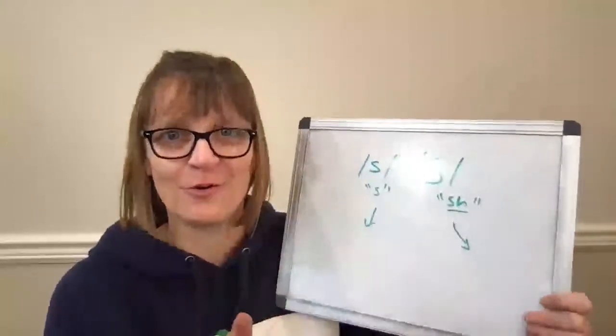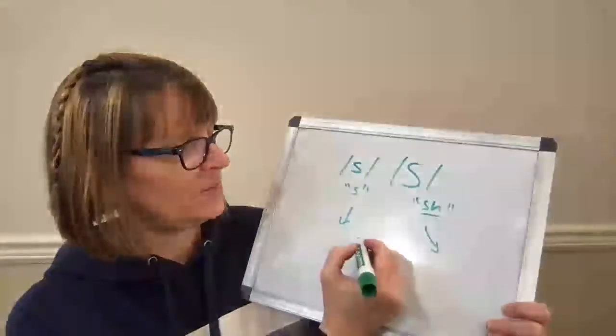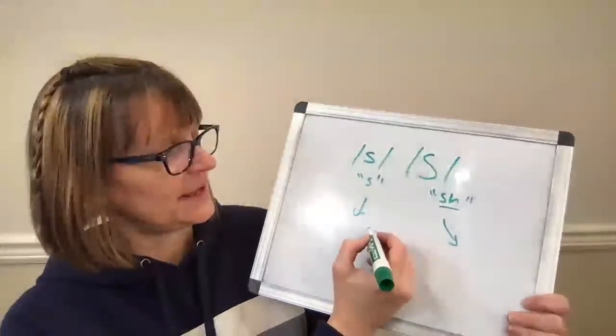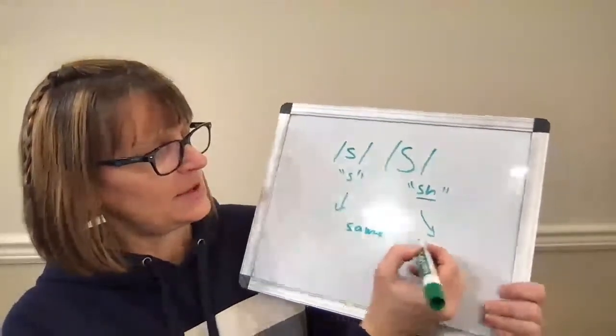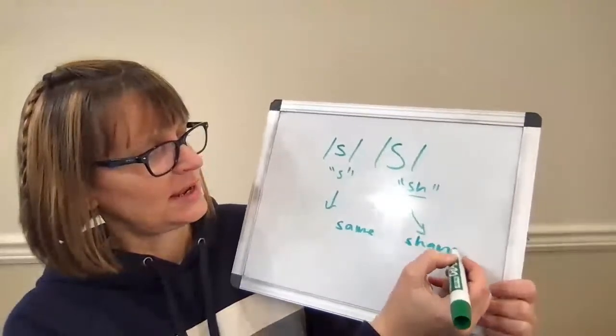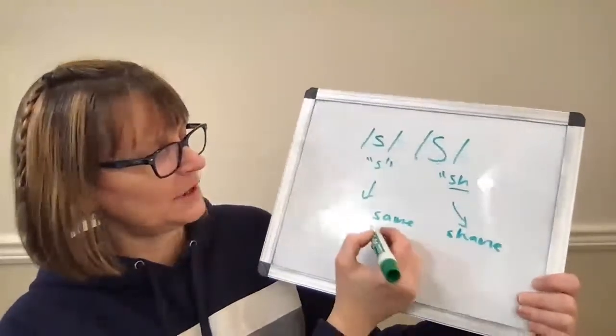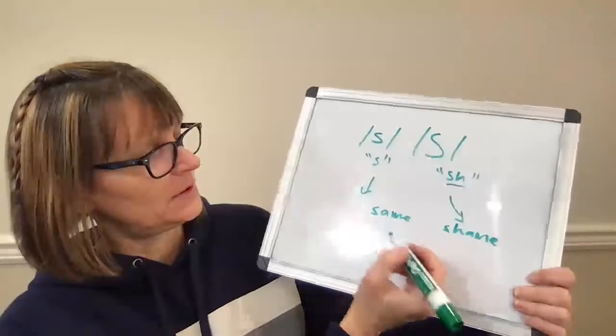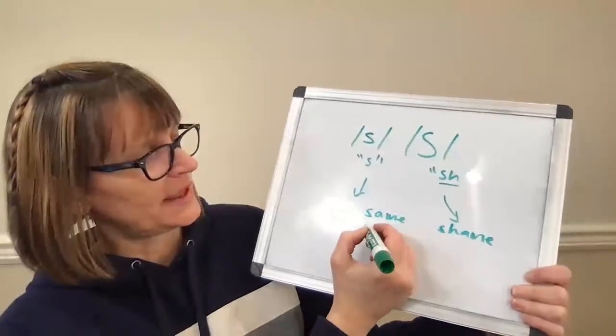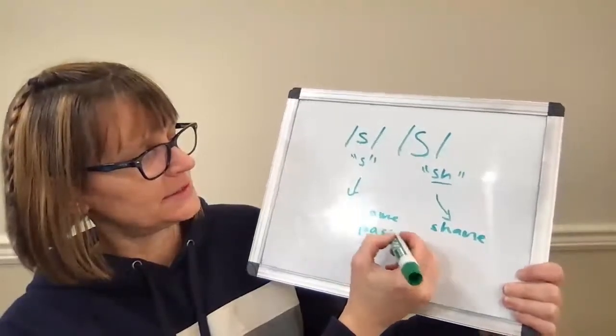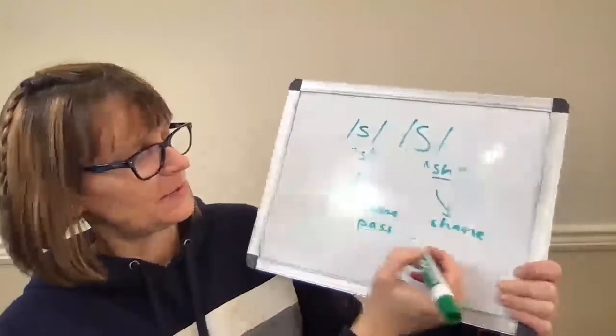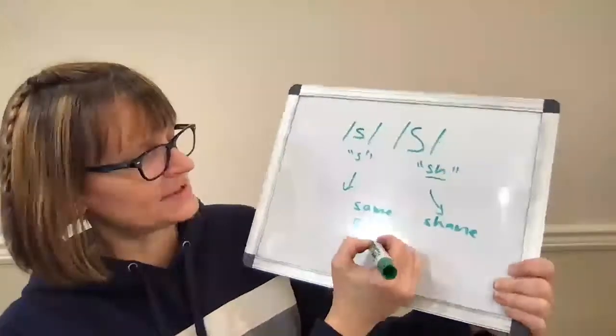So maybe not your whole sentence at first, but practicing pairs, for example, like same, shame, like pass. Pash isn't a word. How about cash?